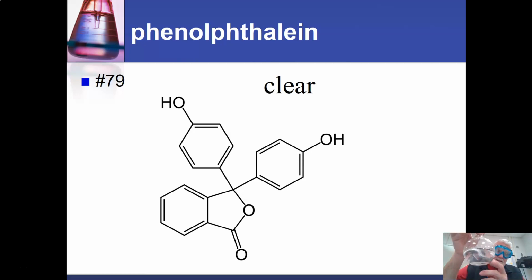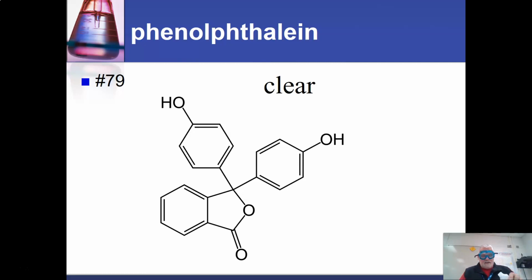This has phenolphthalein in it, and it's an acid, so it has these hydrogens. Now these hydrogens can actually be ripped off, and that happens when you add a base to the solution.